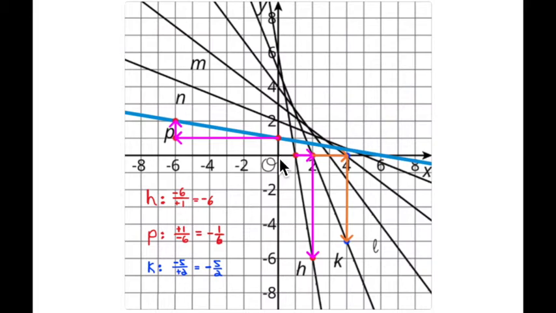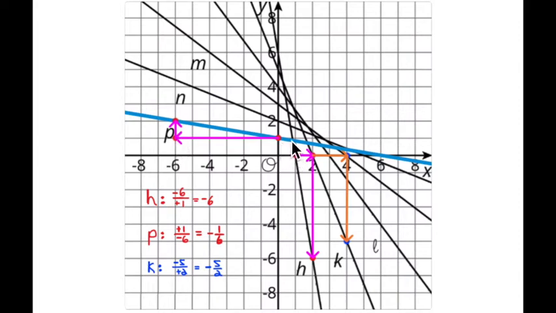So this is 0, 1. So 0 units along the x-axis, 1 unit along the y-axis, and it goes to the left 6 units. That's -6 along the x-axis and a +1 along the y-axis. So for every 6 units in the negative direction, it goes up 1 unit.